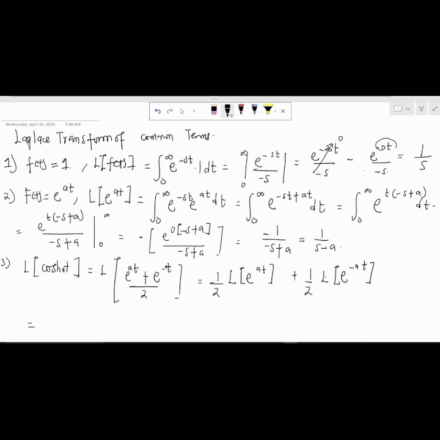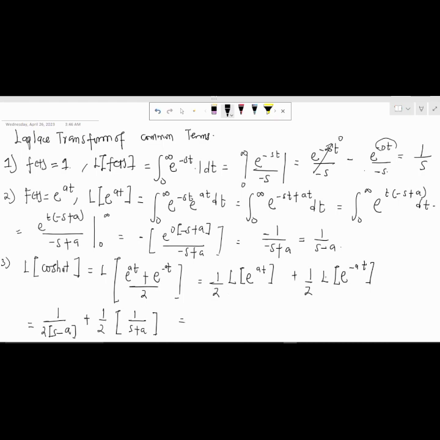Remember we already found the Laplace transform of e raised to the power at, and that gave us 1 over s minus a, which means everything here is equal to 1 over 2 times 1 over s minus a. Then we have plus, well, since we had positive here and that gave us a negative, if we have negative now we should have positive, so what we have here is 1 over 2 times 1 over s plus a.